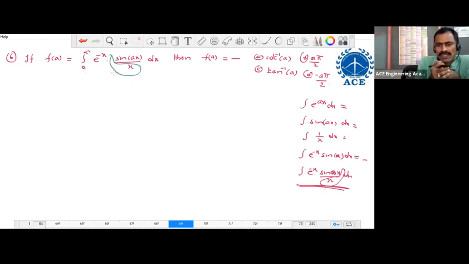Method 1 is the Laplace transform method, the LT method.